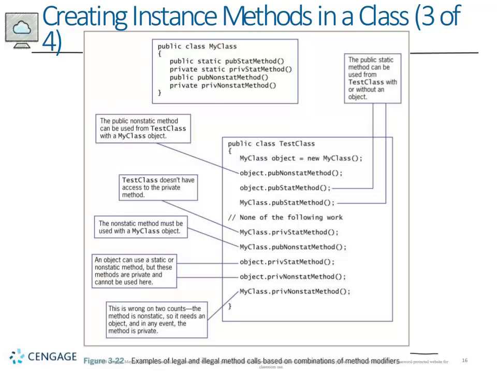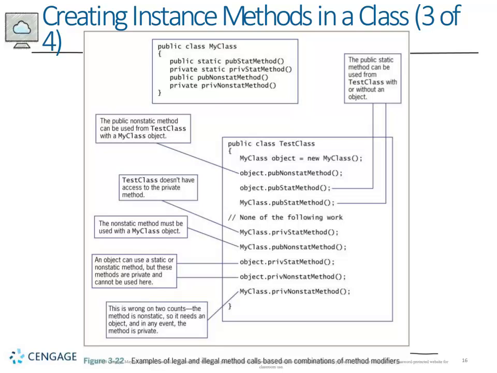First of all, it doesn't have access to the private method. myClass.public non-static method is not valid because a non-static method must belong to an object. We need to use the object of myClass. Then object.private static method. No, we cannot access private here.